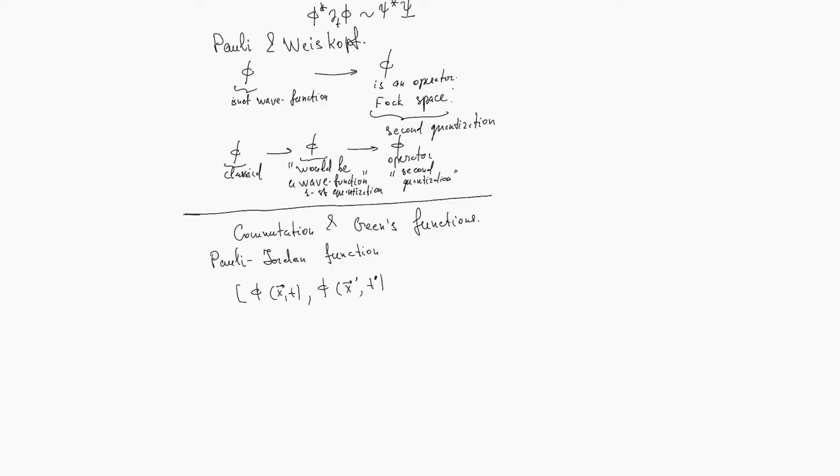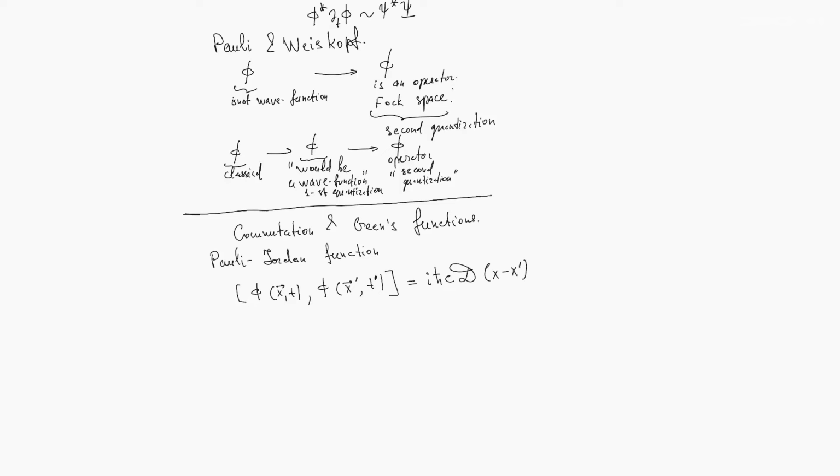And it gives us some non-trivial function, where for simplicity I single out some prefactor made of h bar and c, and then some non-trivial function D of x minus x prime, where x is a point in the four-dimensional space-time.